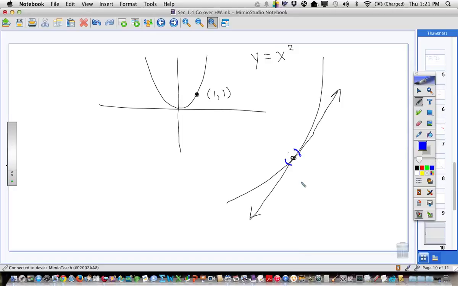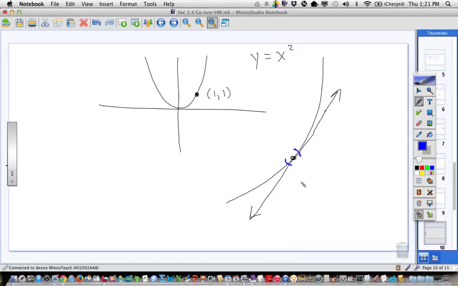When you're in that tiny piece, how much difference is there between the tangent line and the curve? Not much, hardly any. That's the idea of local linearity. Let's be real clear about this, this is really a key point. When we do the slope of a curve, we're really doing the slope of the tangent line. To do the slope with 2 points, we need 2 points on that line.